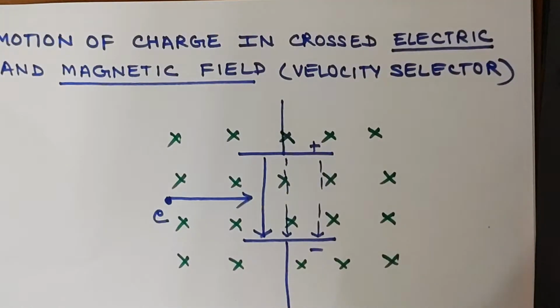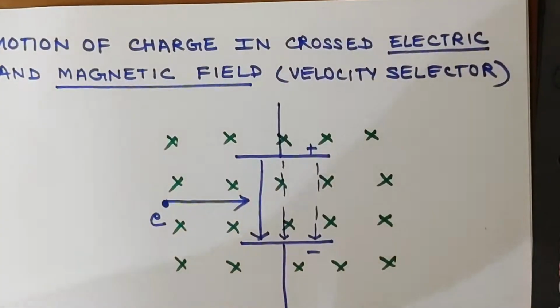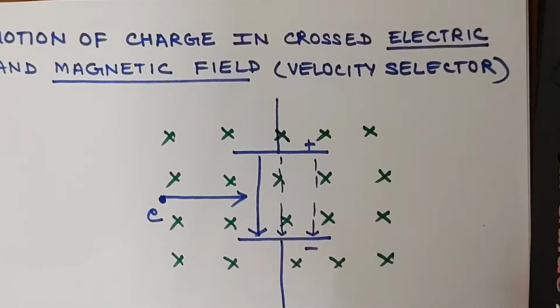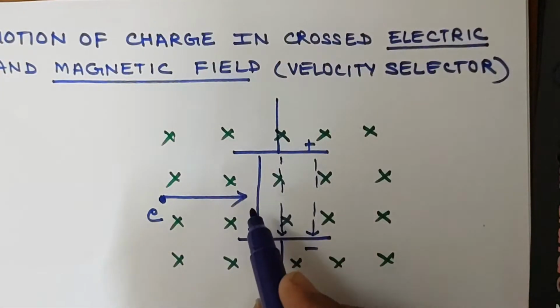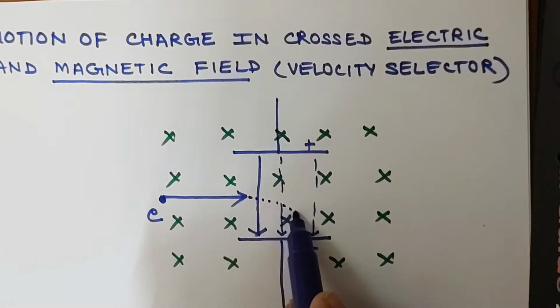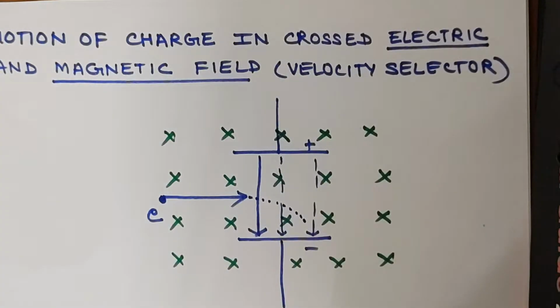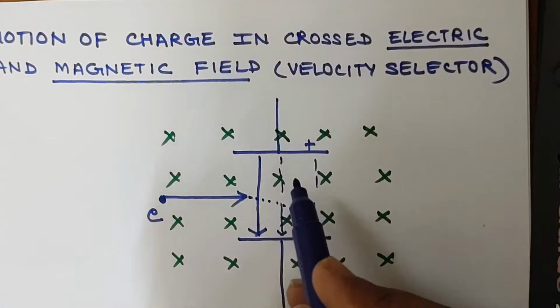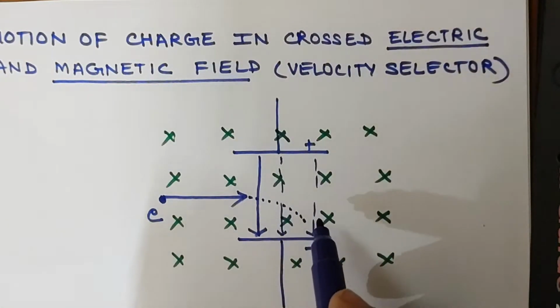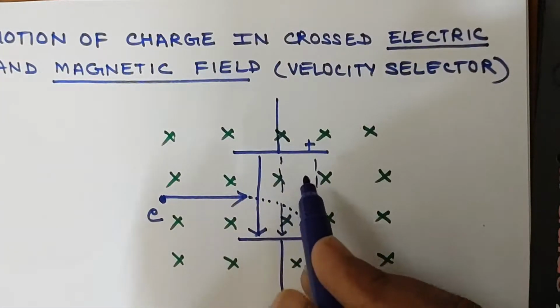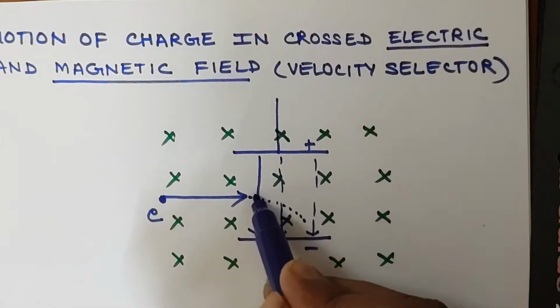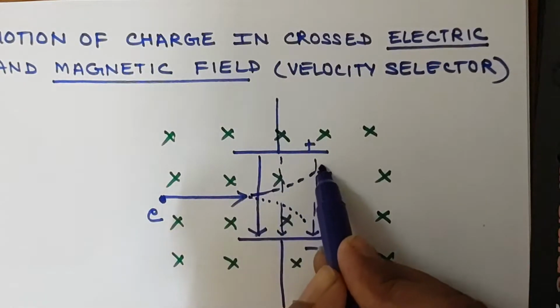So according to the right hand palm rule, the direction of force acting on the electron will be downward. So due to magnetic field, it should move like this. And due to electric field, because the electron moves opposite to the electric field, the deflection by electric field will be this one.